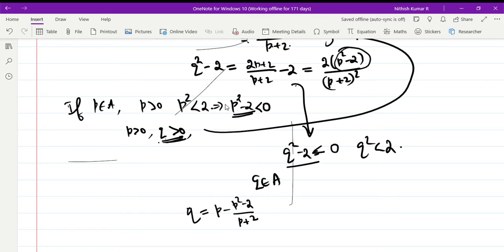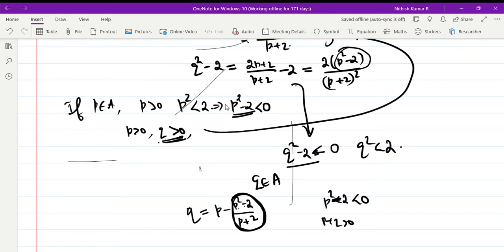We know that p square minus 2 is less than 0 and p plus 2 is greater than 0. Therefore this is less than 0.